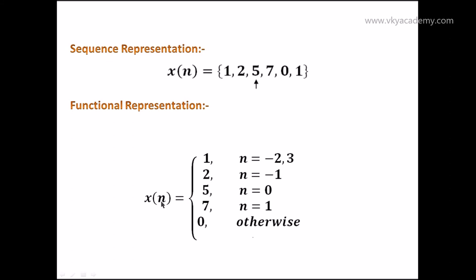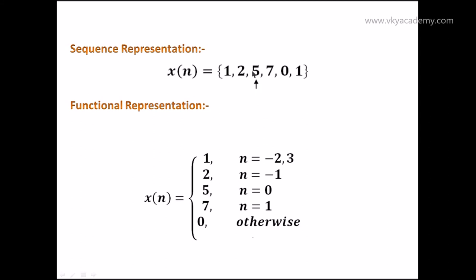So we can write here x of n is equal to 1 for n equal to -2 and 3. You can see at -2 and at third position the amplitude is 1. Amplitude is equal to 2 for n is equal to -1. So at -1 position the amplitude is 2. Amplitude is 5 for n is equal to 0.